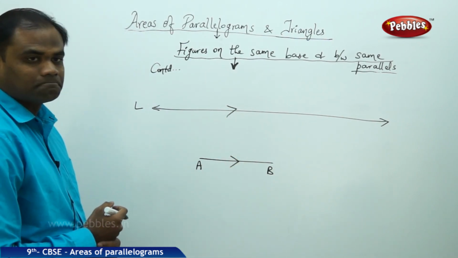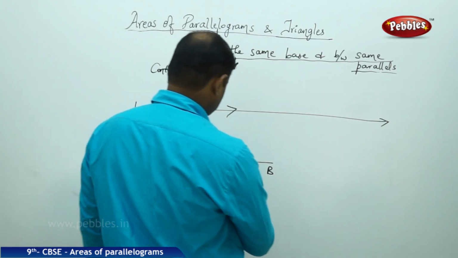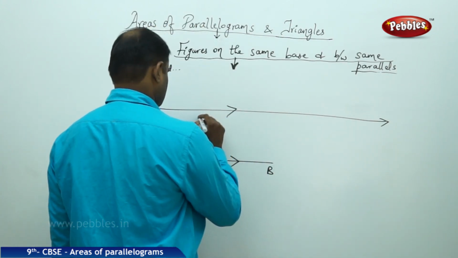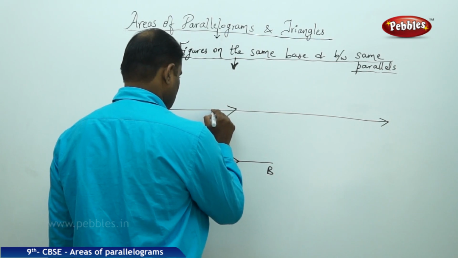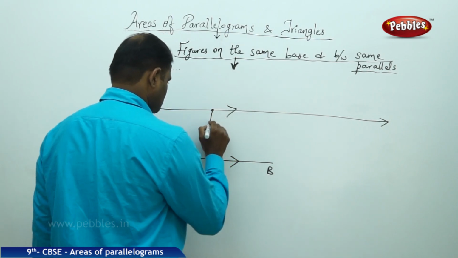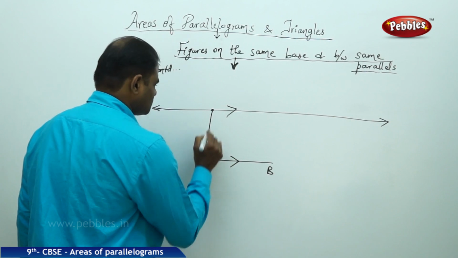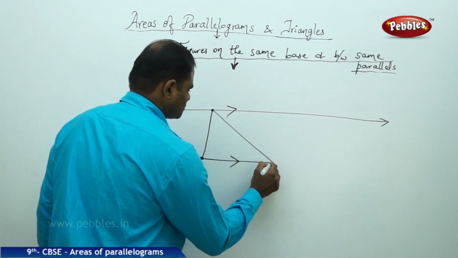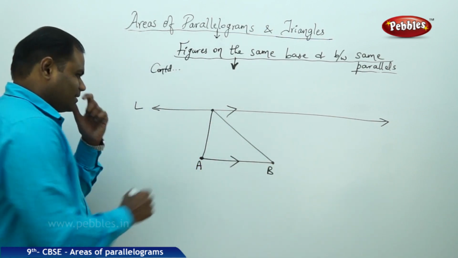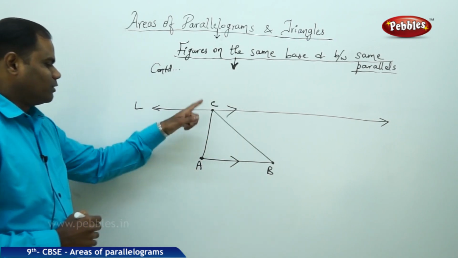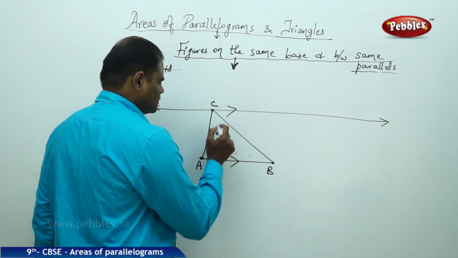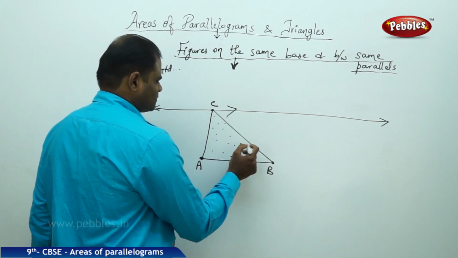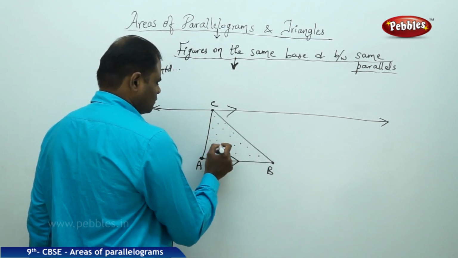Now here let's connect, say, I have a point C which makes the region ABC. This is one of my regions.